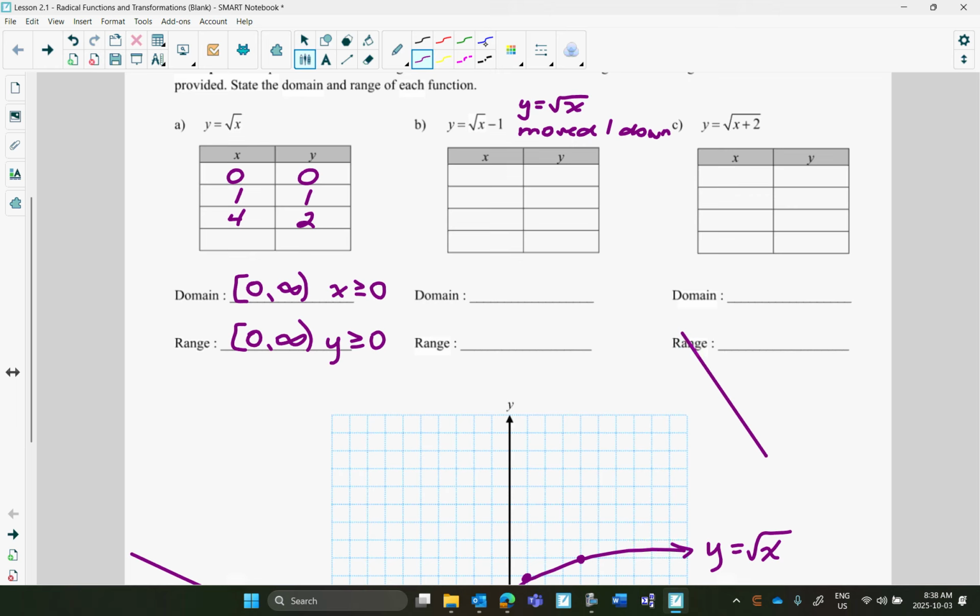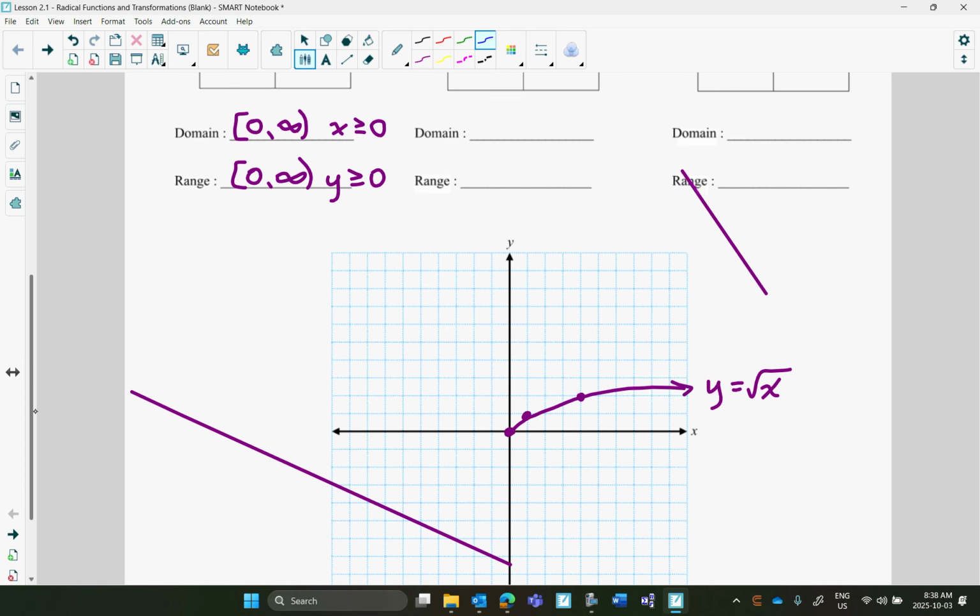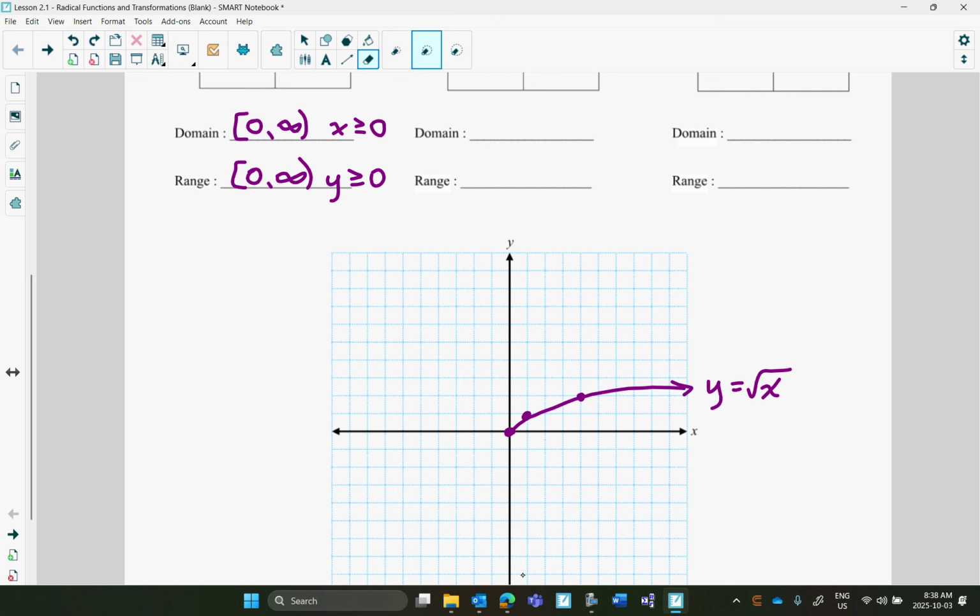So I should use a different color. So take this point, move it one down. Take this point, move it one down. This point, move it one down. And we have that. And that's y equals root x minus 1.